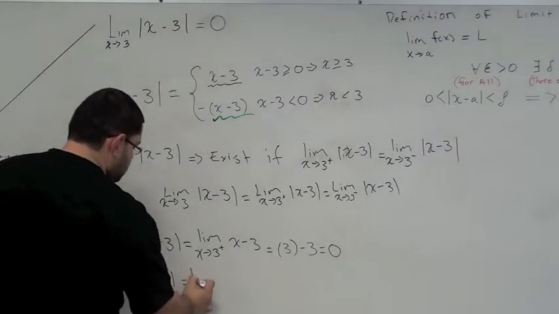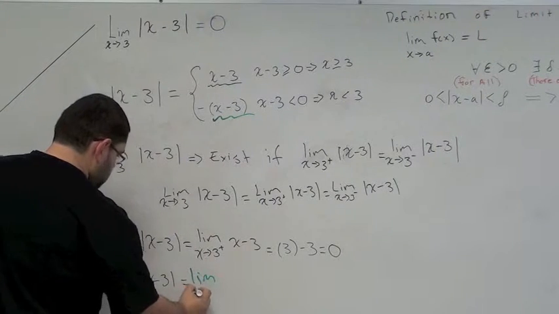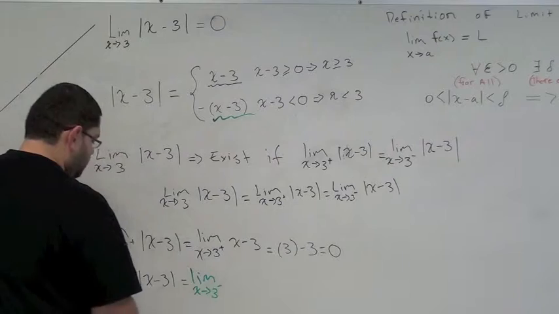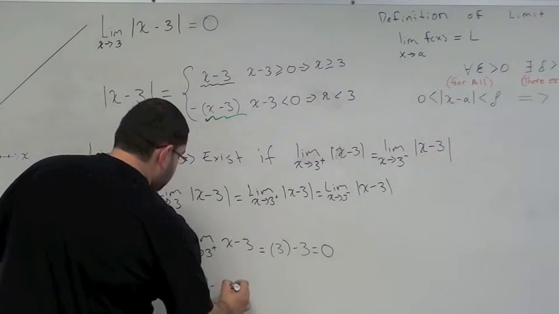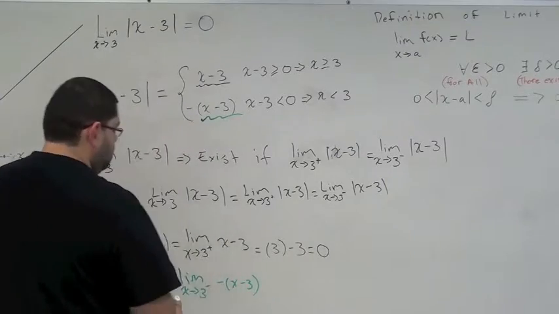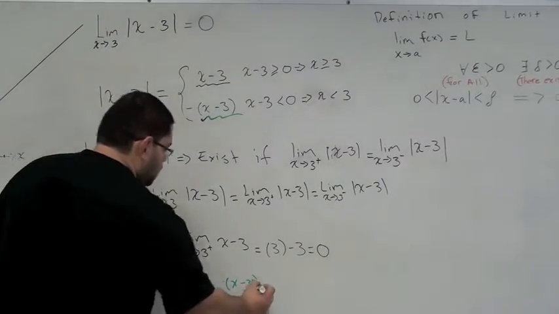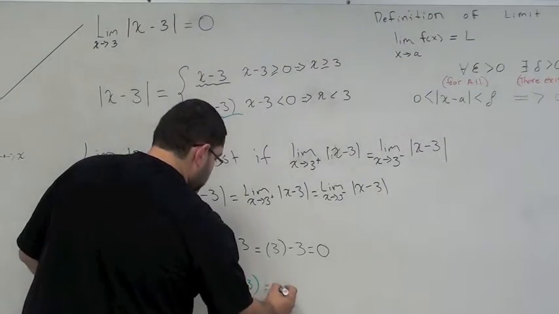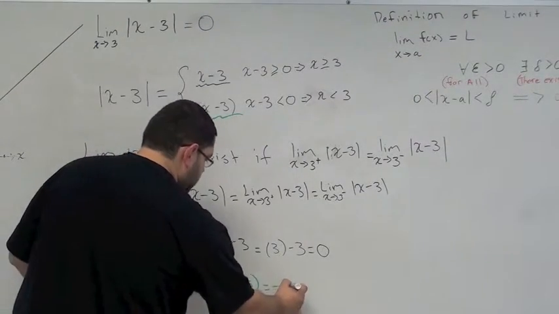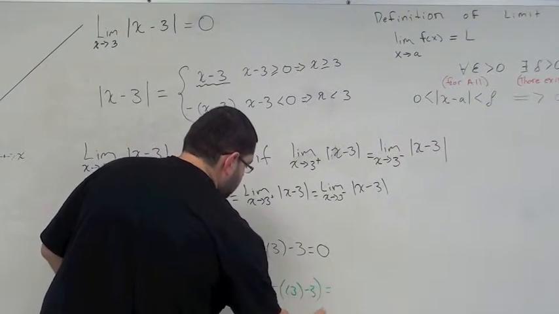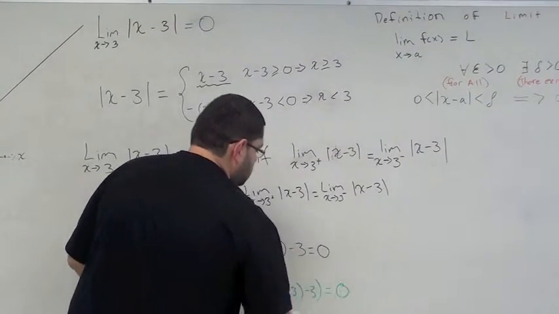So now I can say that this is equal to the limit of x going to 3 from the left of minus (x minus 3). Now, by just evaluating this limit, we can just plug in the value for x, and we get that this is going to be 0.